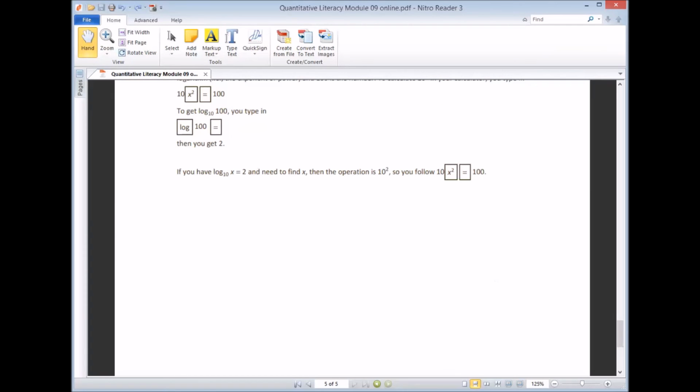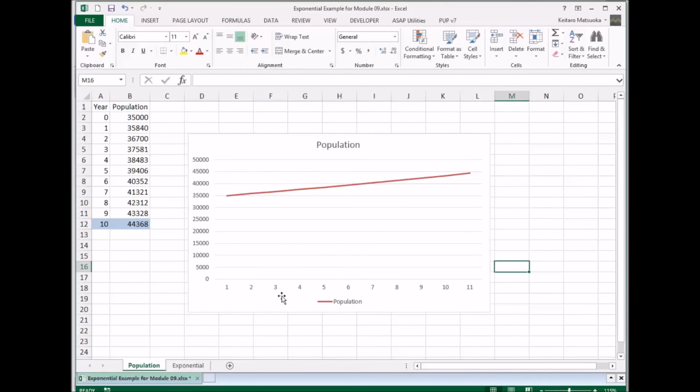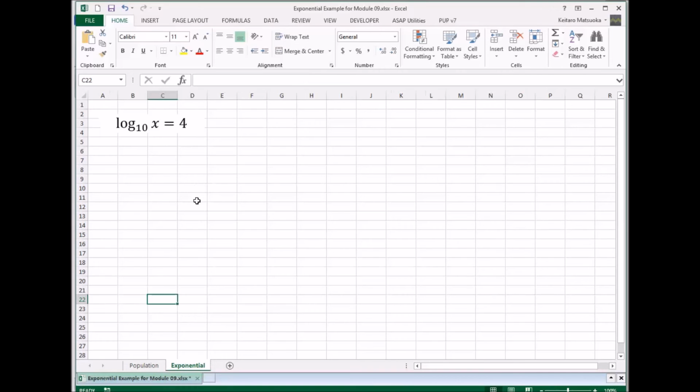So there's another thing you need to know how to do. Here's a log problem. What the log does is it's an inverse of the exponential function. So when you see something like log of 10 to the x is equal to 4, that means what's the number x that has 4 zeros after 1?